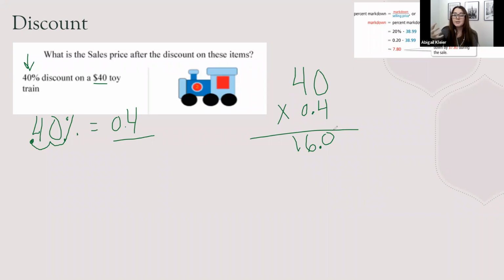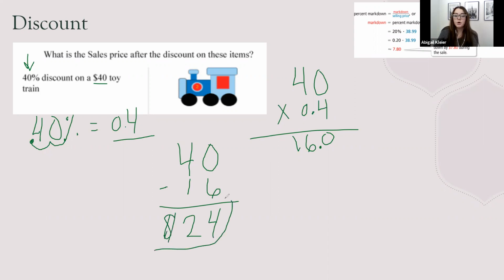Now, if we want to take something off, the operation that we use is subtraction. So I'm going to use 40 minus 16 to give us 24.